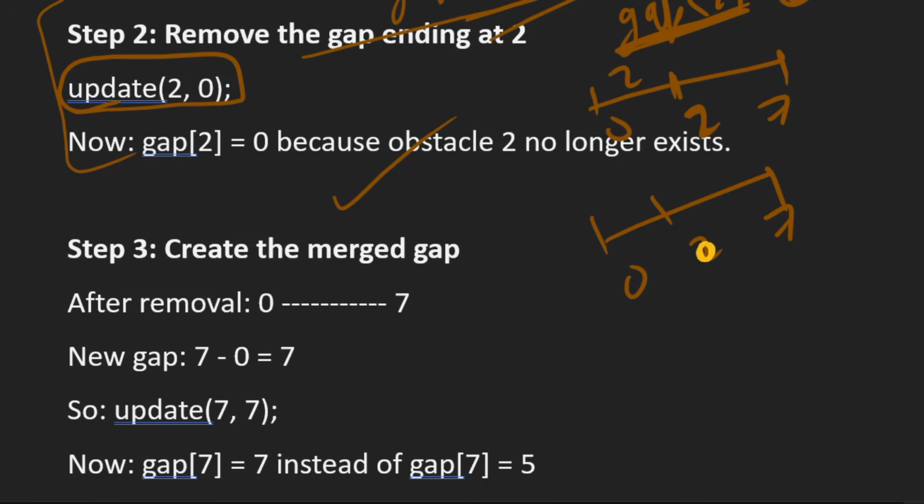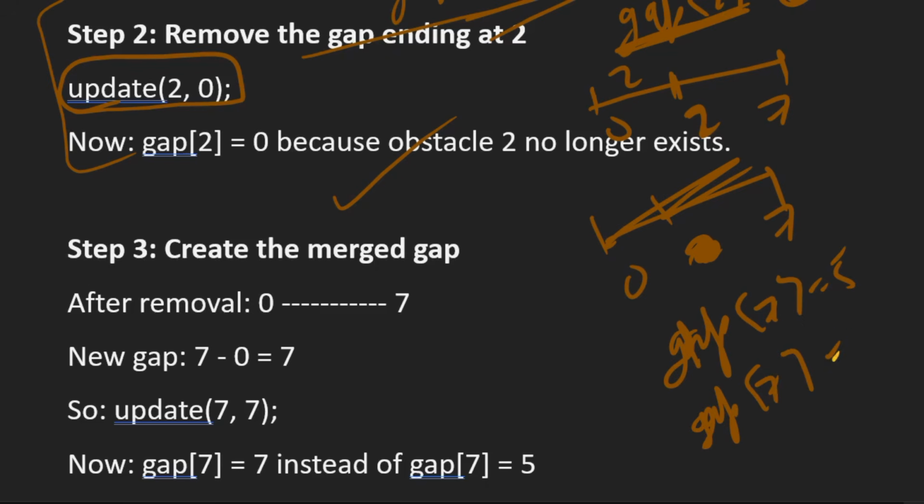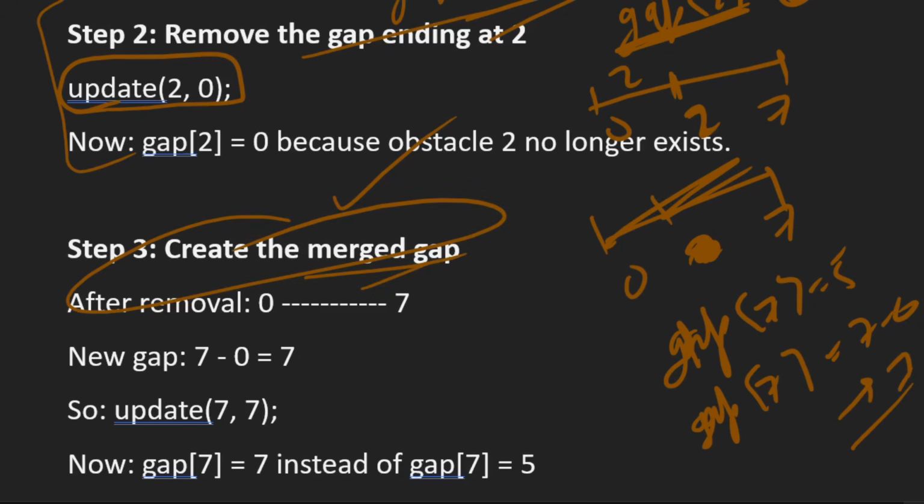Now the third thing, so we have removed 2. Now we need to merge this gap. So earlier gap of 7 was 5, that is 7 minus 2, but now 2 has been removed, so we need to update gap of 7 as 7 minus 0, that is 7, right? So the next step is we merge the gap.